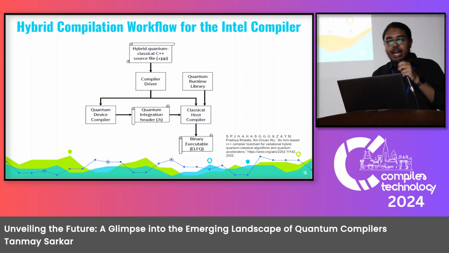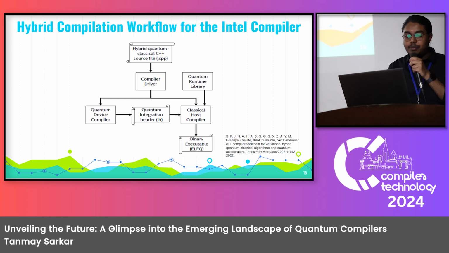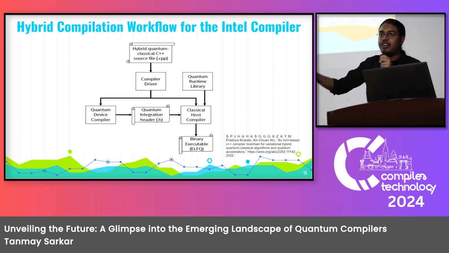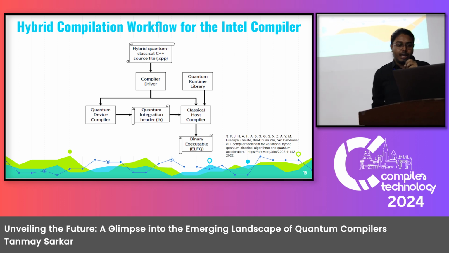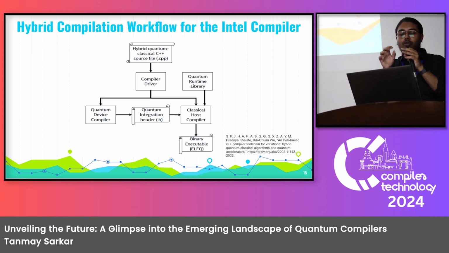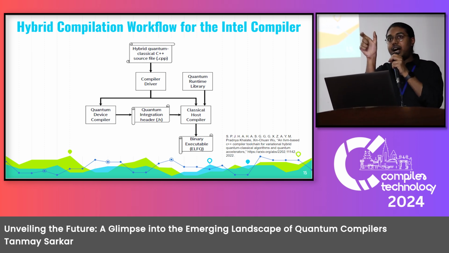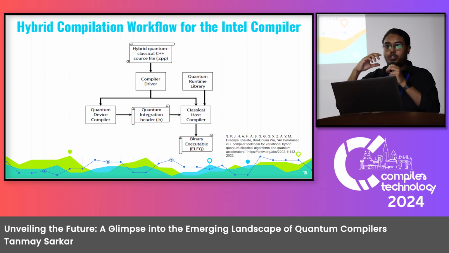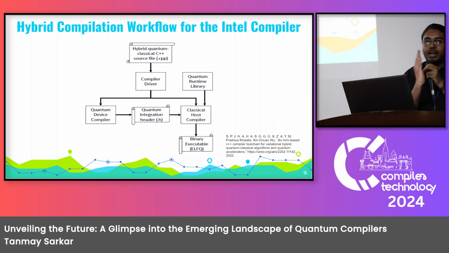So this program that we write gets into the front end. The front end converts it into LLVM IR, basically a .ll file, and then the quantum part extractor comes in. The quantum part you write using a keyword called quantum kernel, so it has an identifier, and it separates it out.